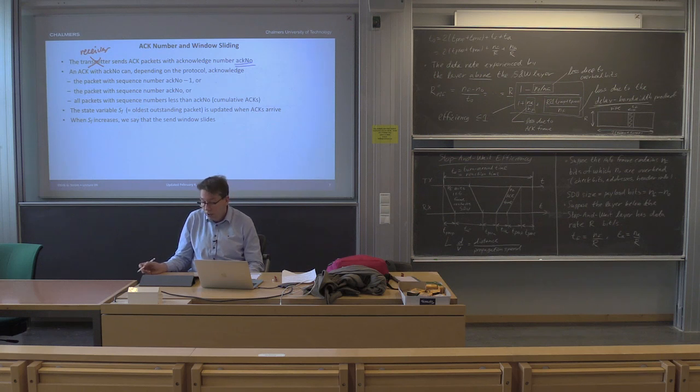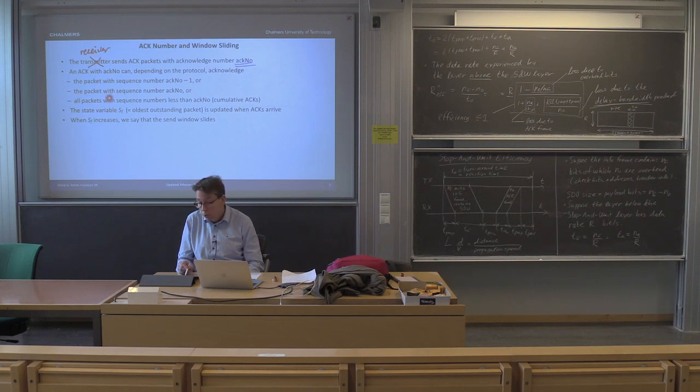So this can be interpreted in different ways. An ACK with ACK-no can, depending on the protocol, acknowledge one or several frames. It can acknowledge the packet which has sequence number ACK-no minus 1, which is what we will actually use most of this terminology.